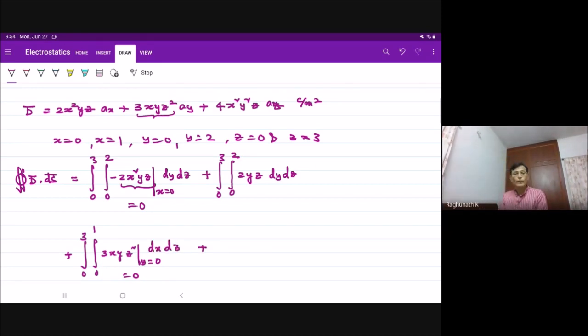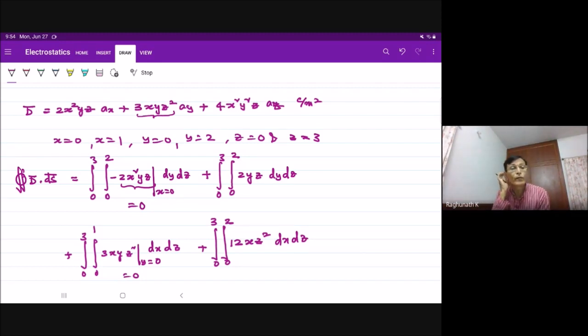Plus integral 0 to 3, integral 0 to 1, 3xyz squared at y is equal to 2 is what? 6xz squared dx dz.